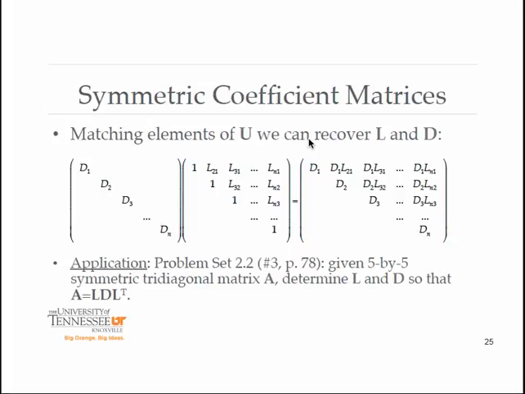Let's look at this schematic diagram of matching the elements of U. The idea is that we could recover the L and the D. This is a representation of the D matrix right here, and this is a representation of L transpose. Remember, L is a lower triangular matrix, so when we transpose it, it flips over.